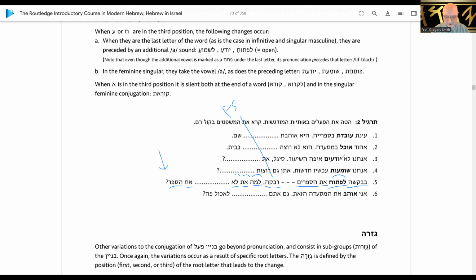Yeah, so it should be for feminine singular. What we need here is to open.